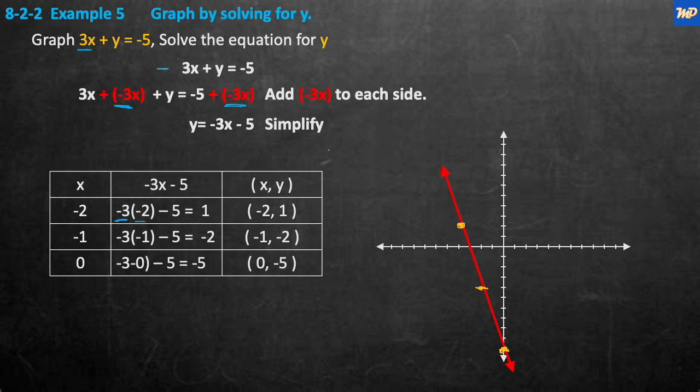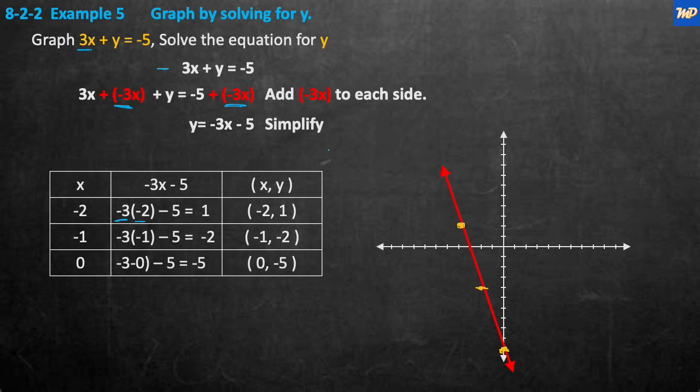The negatives cancel. 6 minus 5 is 1. So our solution is minus 2 comma 1. X is minus 2, y is 1. Now we'll do the next one, minus 1. Minus 3 times a minus 1 is 3. Minus 5 is minus 2. So now it's minus 1 comma minus 2. X is minus 1, y is minus 2.